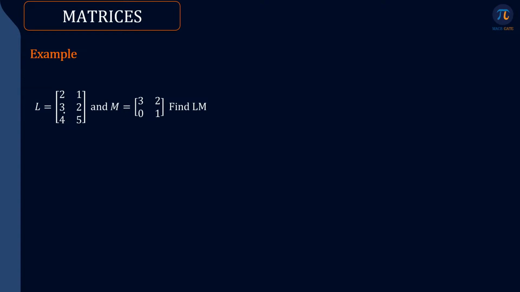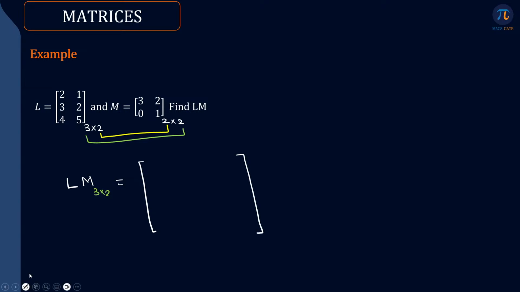Here it is a 3 by 2 matrix and it is a 2 by 2 matrix. Are they conformable for multiplication? Yes, because this is 2 and this is 2, we can multiply them. If you multiply, what is the order of the result? The order of the result is 3 by 2. So this is a 3 by 2 matrix, that is, it will have 3 rows and 2 columns. Now, let me show you how you get this result.